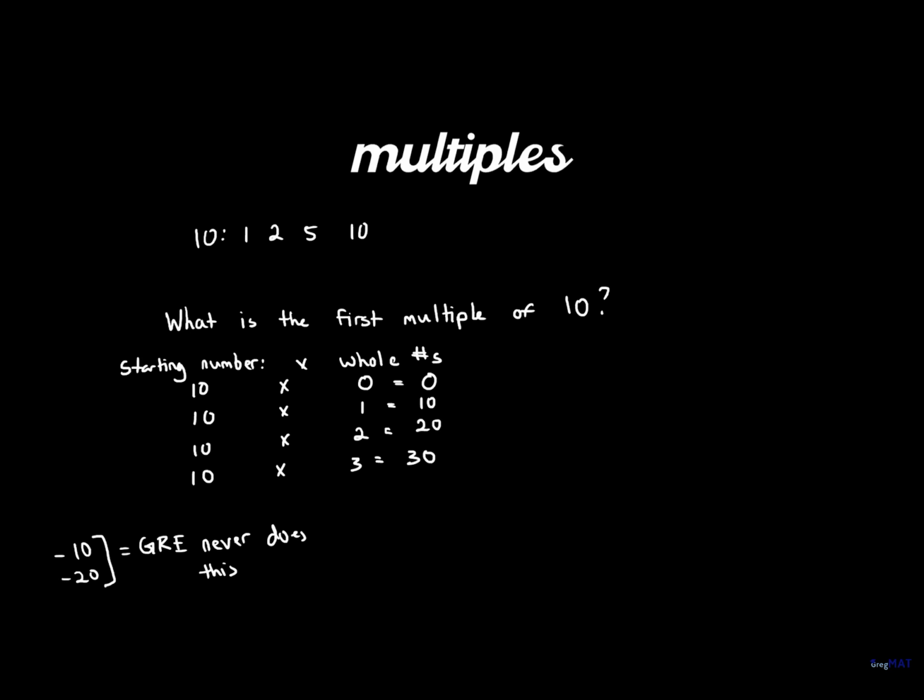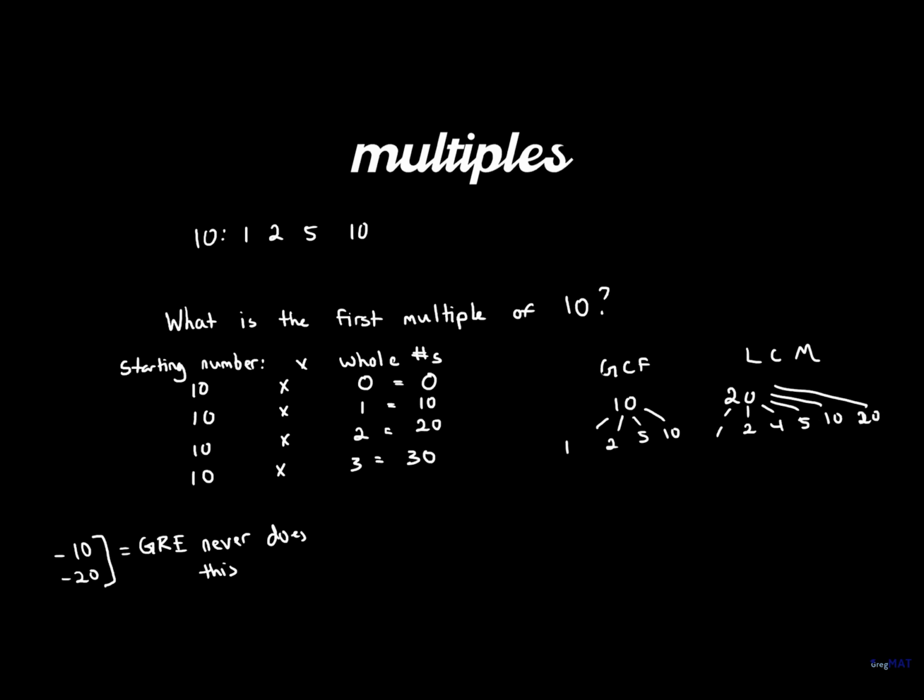We have what's known as a greatest common factor and a least common multiple. So if you take, for example, the numbers 10 and 20, and then you get the factors of each one. The factors of 10 are going to be 1, 2, 5, and 10. The factors of 20 are going to be 1, 2, 4, 5, 10, and 20.